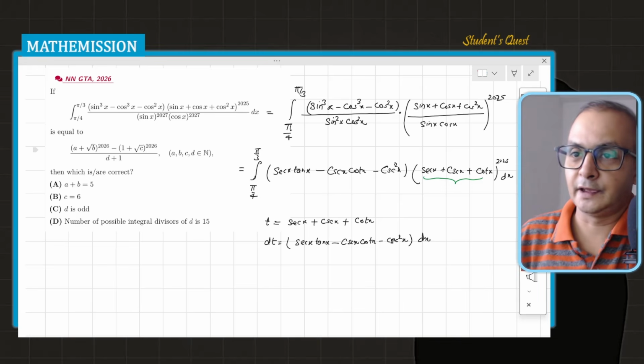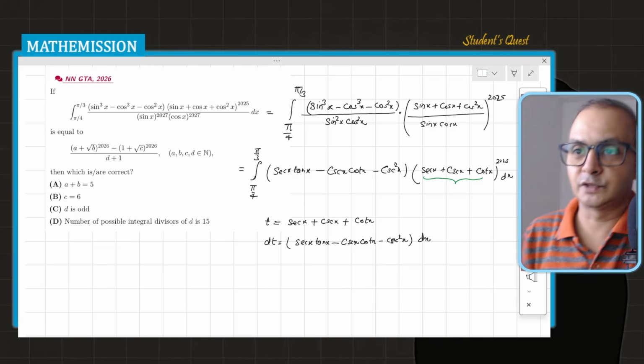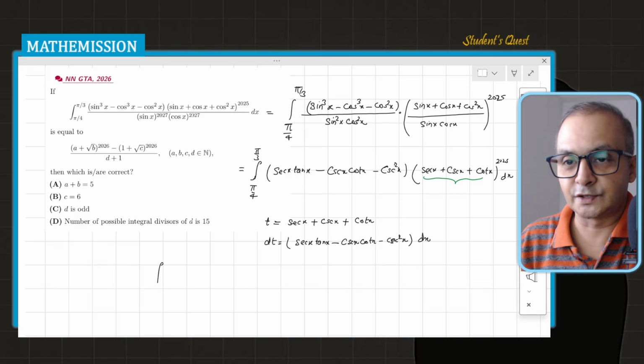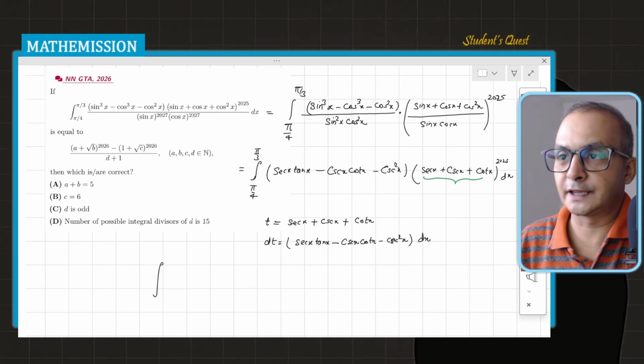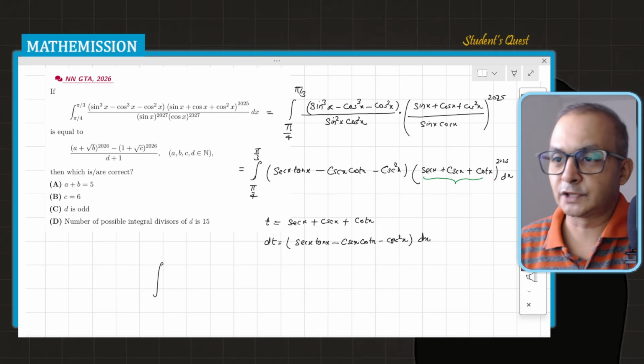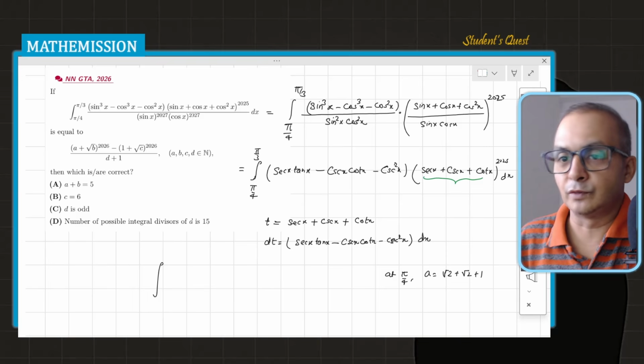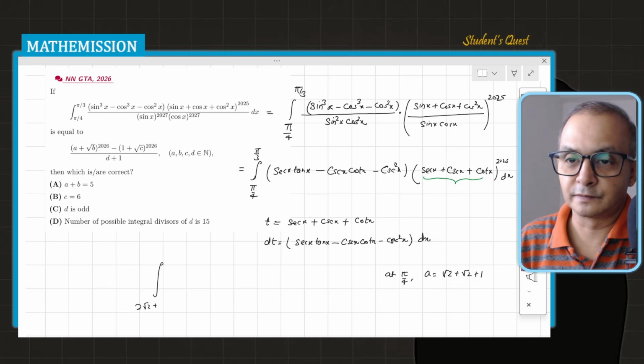Similarly, I have to substitute the bounds. So at pi by 4, let me just state the integration, at pi by 4, what do we get? Sec pi by 4 plus cosec pi by 4 plus cot pi by 4. So at pi by 4, the lower bound, a will be what? Sec pi by 4 is root 2, again cosec pi by 4 is root 2, and cot is 1. So it will give 2 root 2 plus 1.